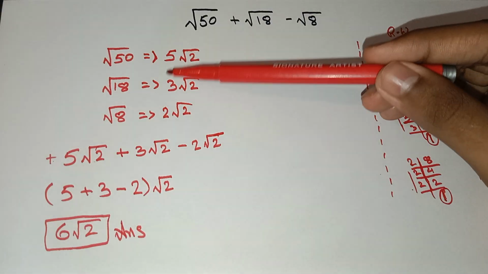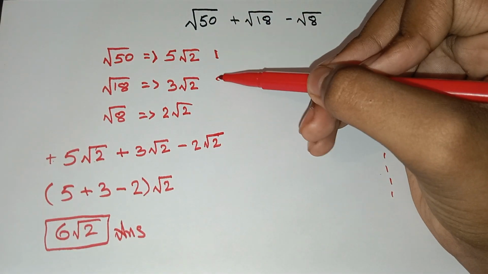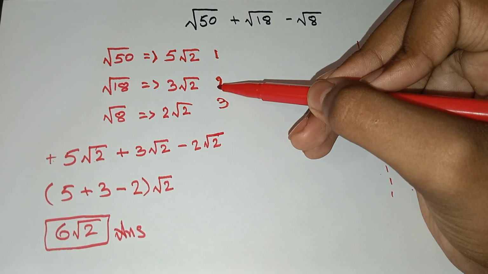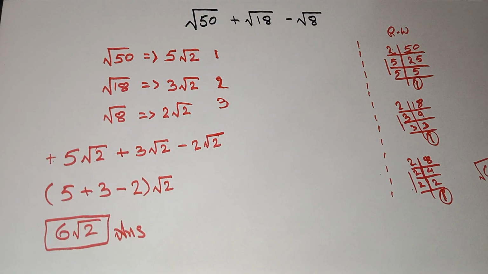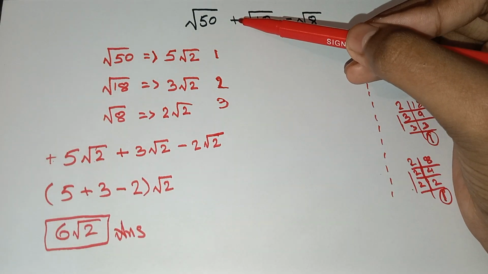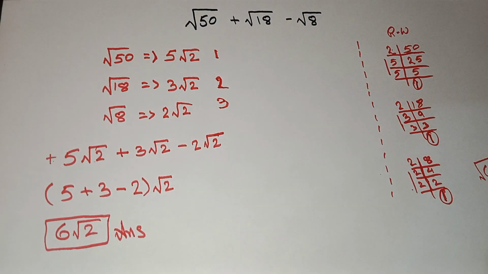Now if 3 terms are there: first term, second term and the third term. Terms are always identified by the number of signs. How many signs are there? First sign, second sign: square root of 18 will be represented by the plus sign and square root of 8 will be represented by the negative sign.